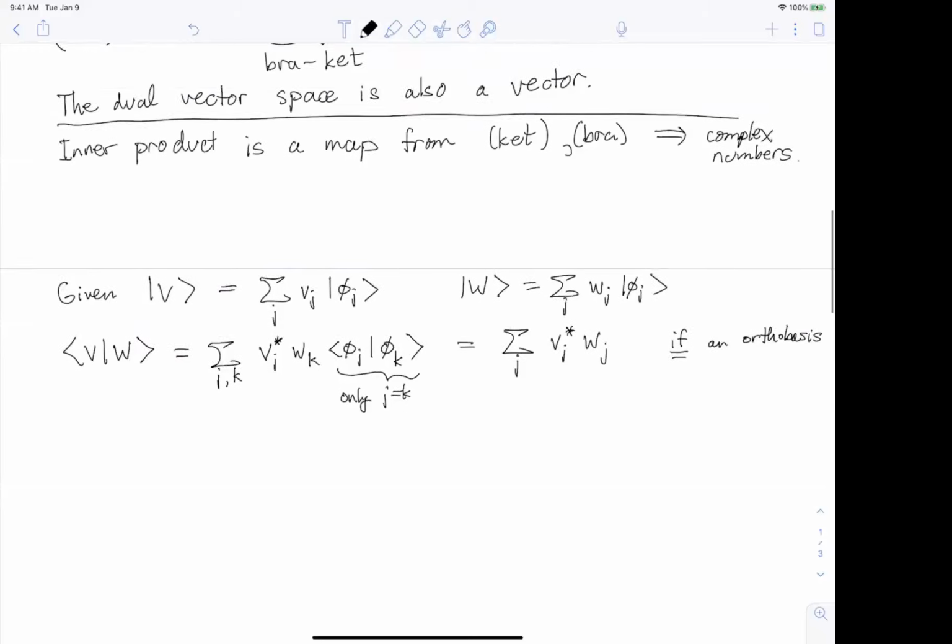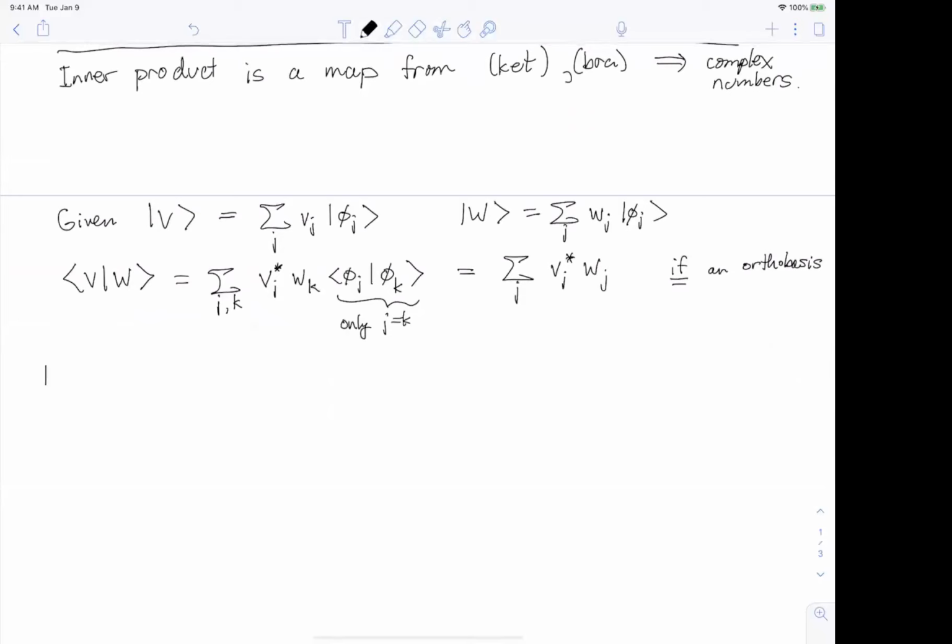So one way of thinking about this is to think of your ket W as being composed of column vectors, or this one's a single one, so it's a single column vector with components W1 up to W sub n, where n is the dimension of the vector space.